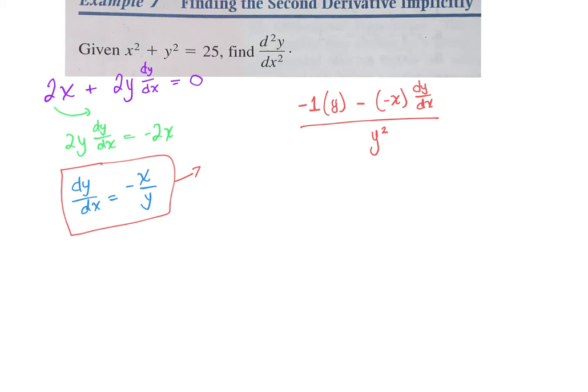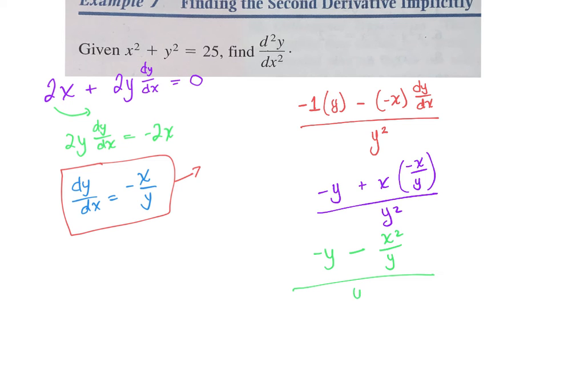So I'll have negative y plus x times negative x over y, all over y squared. Then I can simplify this to be negative y minus, since it's a negative there, x squared over y, all over y squared.